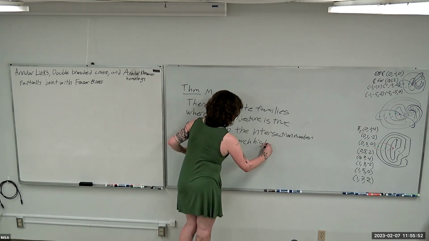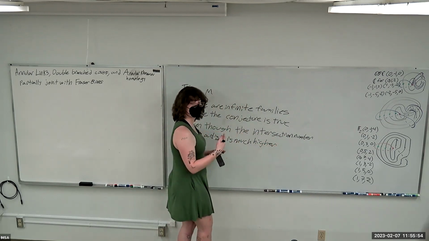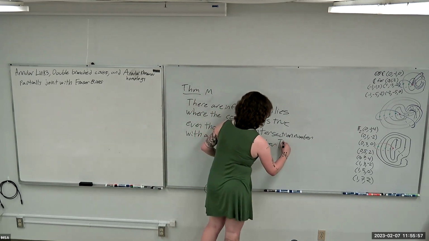So in these families, the intersection number with the disk would be going to infinity even though the Thurston norm is bounded.